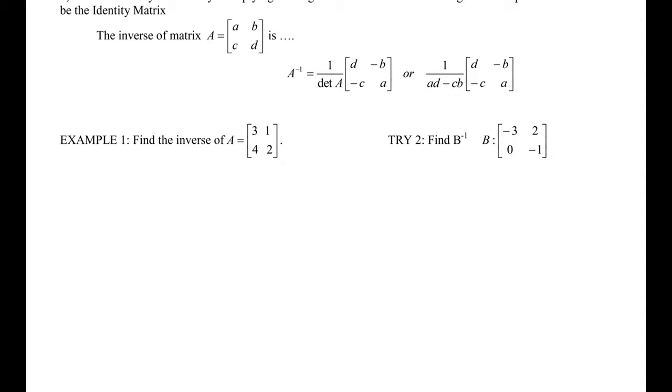For example 1, let's go through the steps and find the inverse of this matrix. So step 1 was to find the determinant and put it in a fraction under 1.